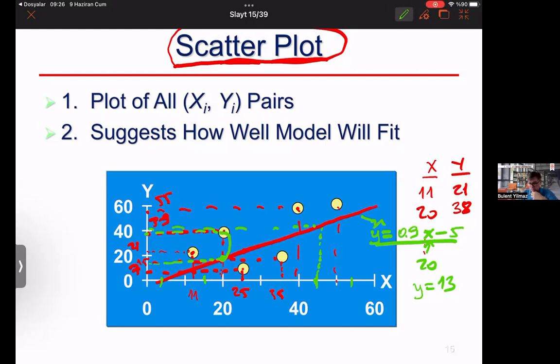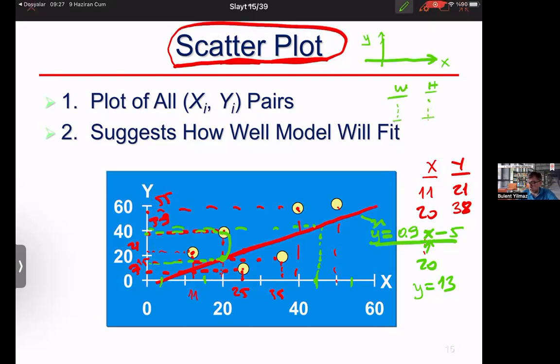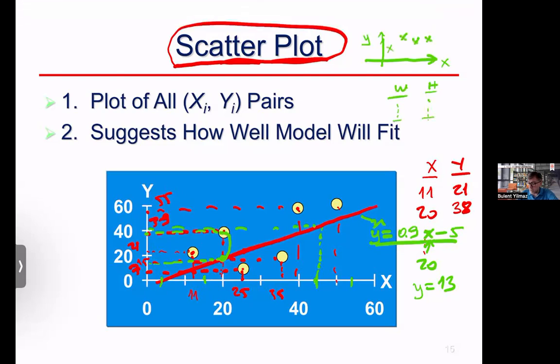In your project, you will have, let's say, 100 points, x and y. You're going to use 80 of them. For example, weight and height information from 100 people, and you will use the first 80 to come up with the model. And then you're going to use this model to predict the heights of the other 20 people.